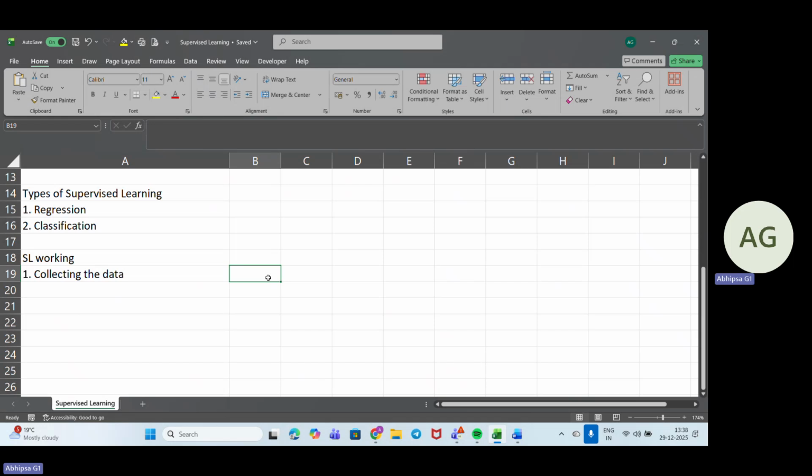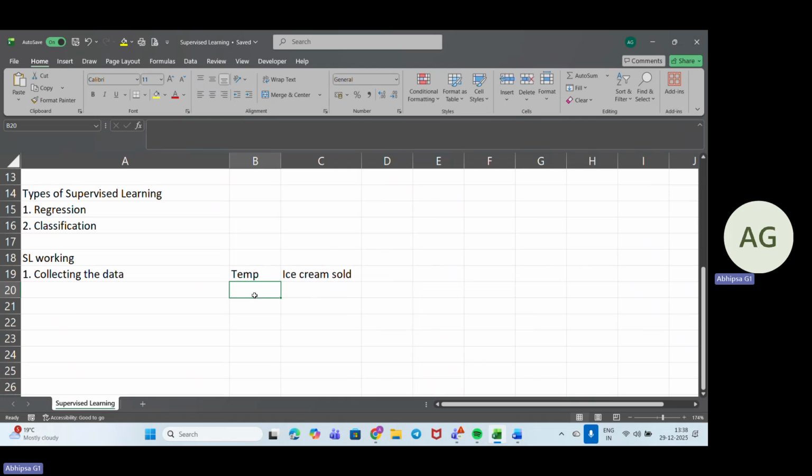Suppose we have data like temperature and the ice cream sold. Okay, so we have the data, the temperature and the ice cream sold.